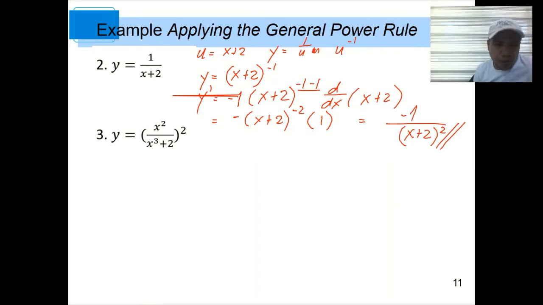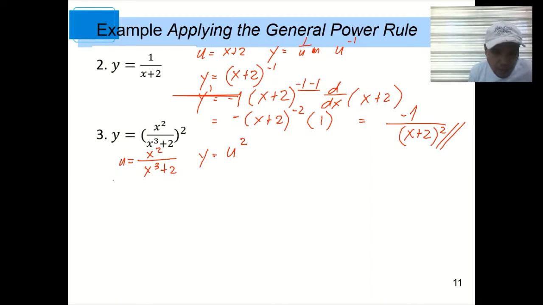Okay, so number 3 is medyo mas mahirap ng konti. Applying the general power rule. Pero wait, our inner u is equal to x squared over x cubed plus 2, and y is equal to u squared. So once kinuha natin derivative nitong part na to, we will be applying the quotient rule.